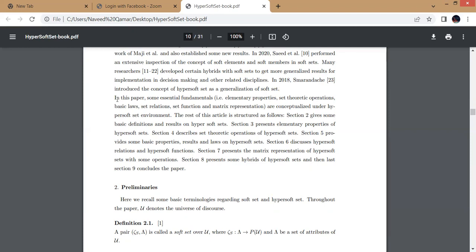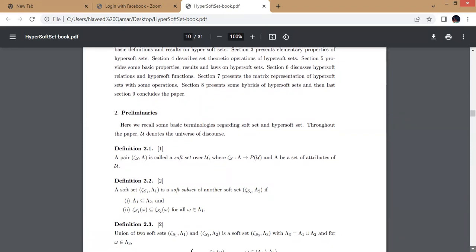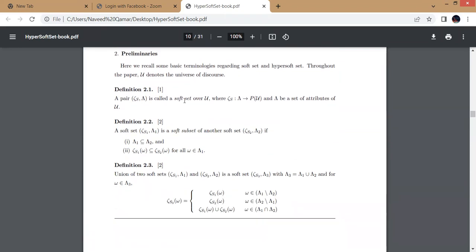So what is in this paper? In this paper, some essential fundamentals like elementary properties, set theoretic operations, basic laws, set relations, set functions, and matrix representations are discussed. So here we will start our lecture with basic definitions, like we had discussed the definition of soft set.